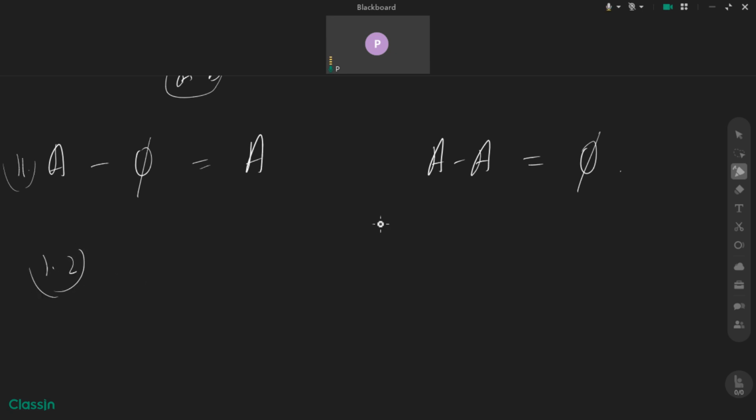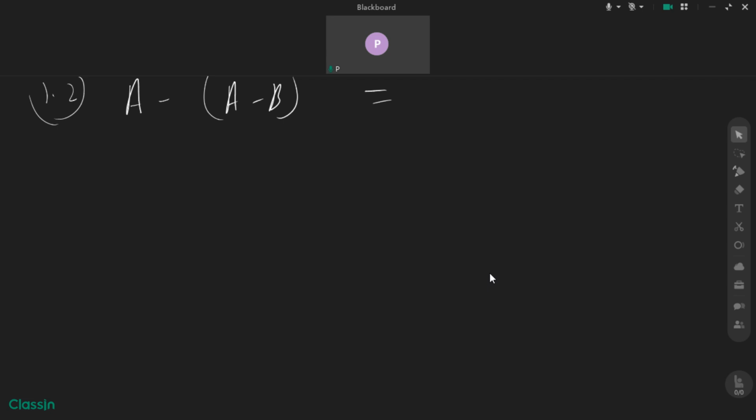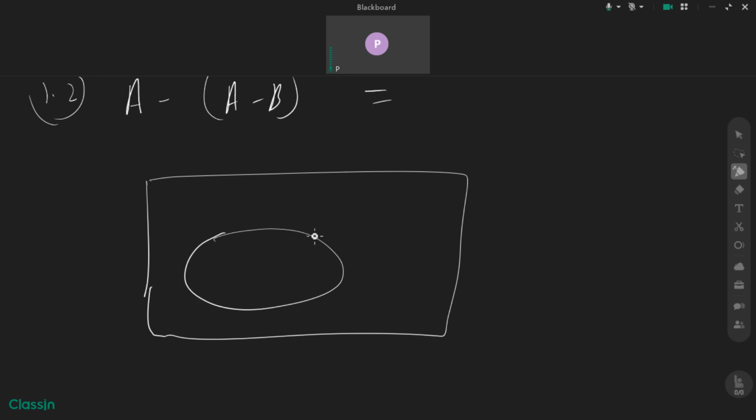What will we get if we take A minus (A minus B)? Let us see how much it will be equal to. If I see through a Venn diagram, I have to subtract from A. This is A, this is B, and I know this is A minus B. I am subtracting from A. This is complete A, and I am subtracting A minus B from it, so what remains is this region only.